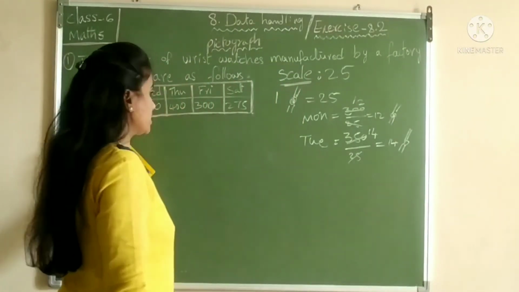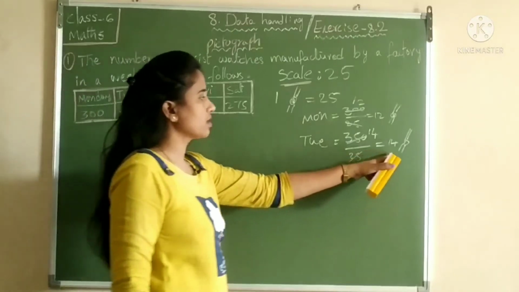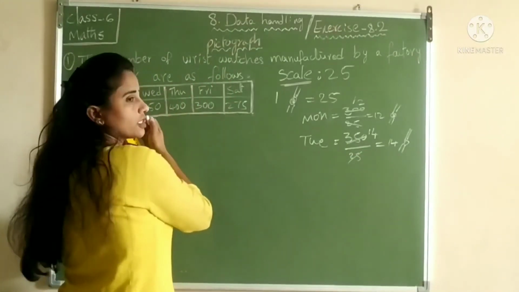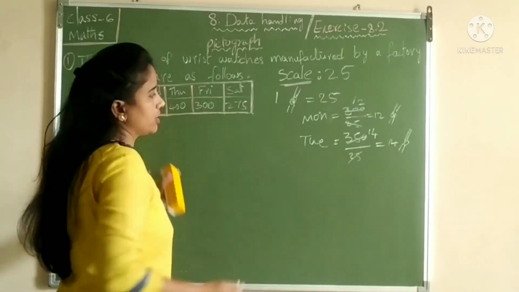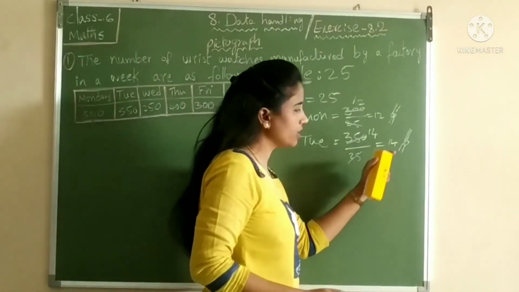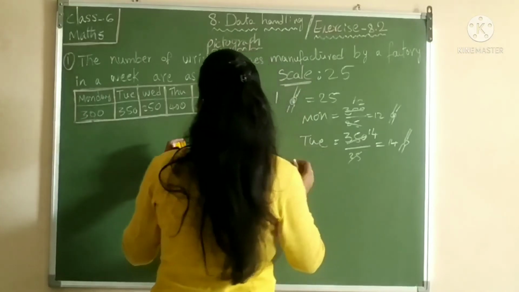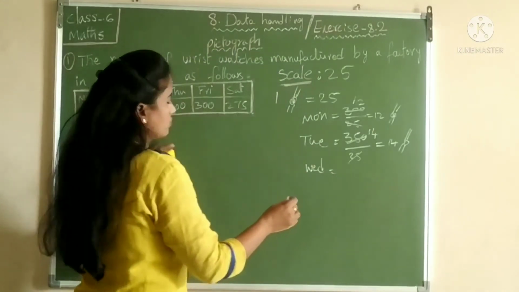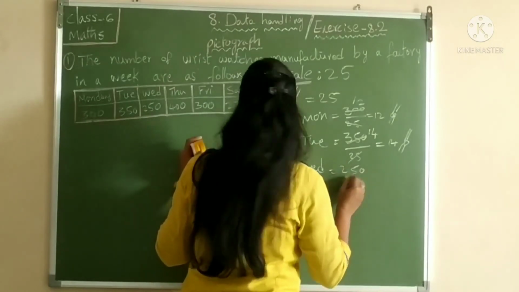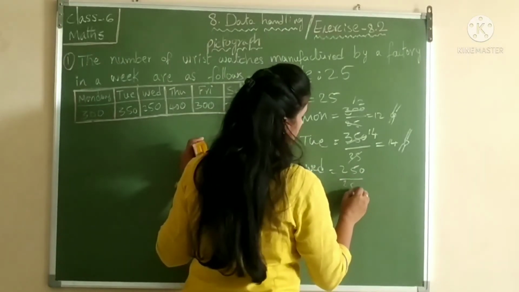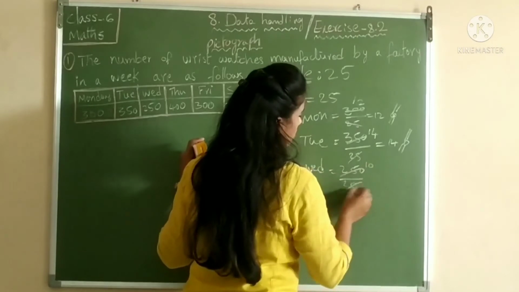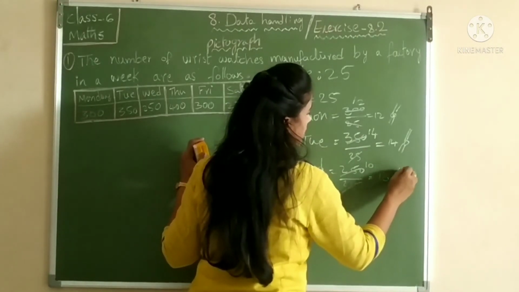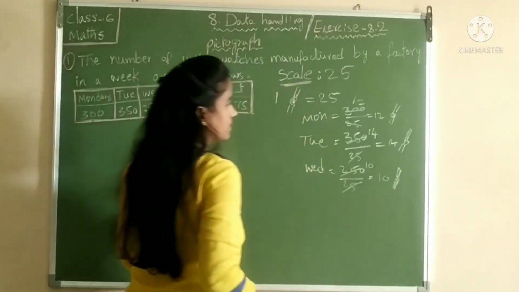The company manufactured 14 watches, meaning 350 watches, in the pictorial method. 14 watches on Tuesday. And Wednesday is 250. 250 by 25. 25 tens are 250. So 10 watches.